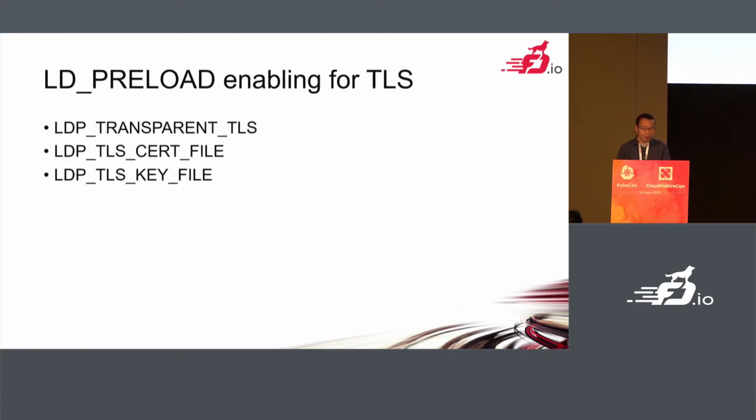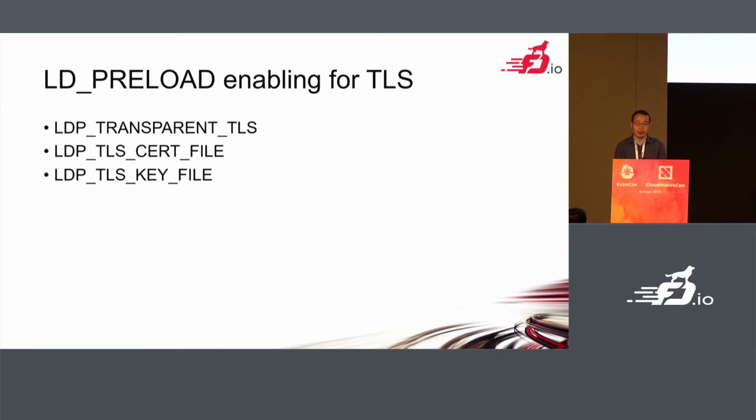We also provide new environment variables. These variables tell Nginx that it is using transparent TLS. LDP transparent TLS is an indication. If you enable this environment variable, the LD preload will assume that you will use the transparent TLS interface.